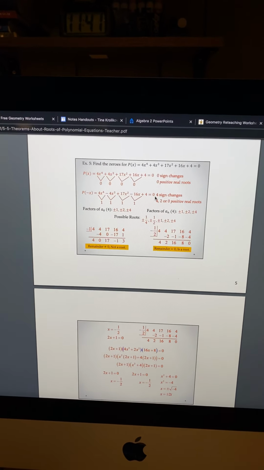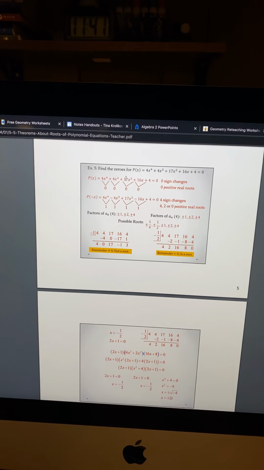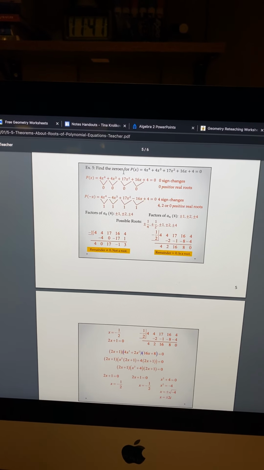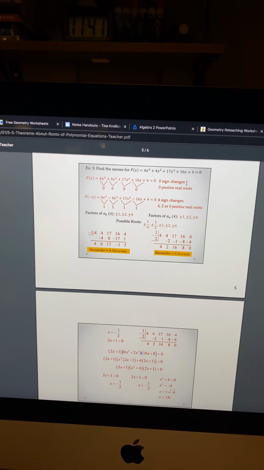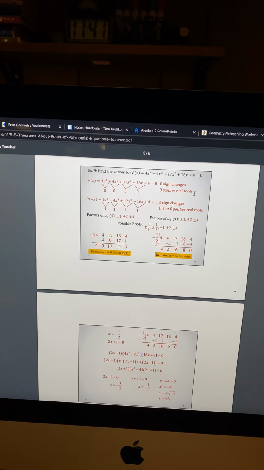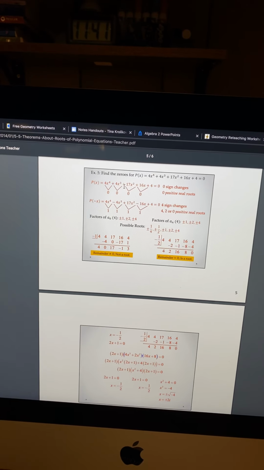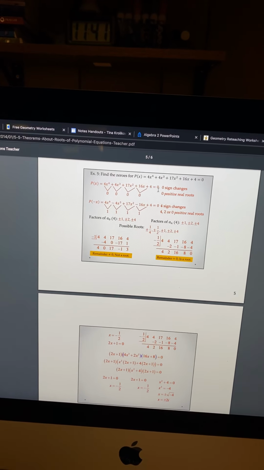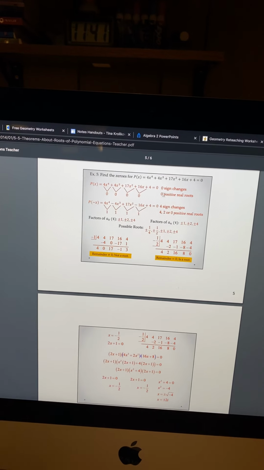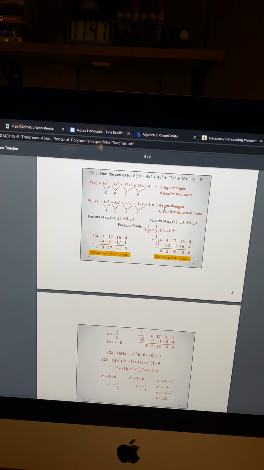Okay? Here's another example of how we can find the zeros. So we have 0 sign changes and 0 positive real roots. This plus sign doesn't change. So then we have 0 positive real roots.